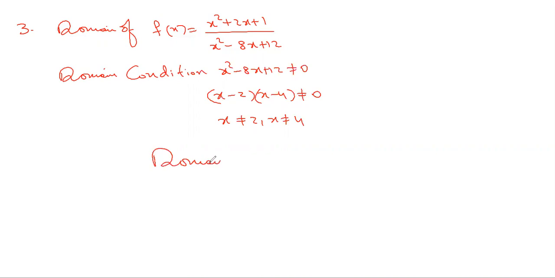Domain is R minus {2, 4}. Calculation mistake. It's x minus 6, not equal to 6.